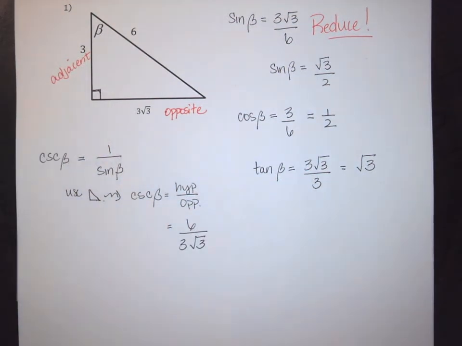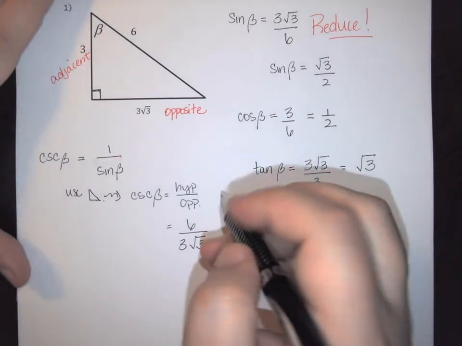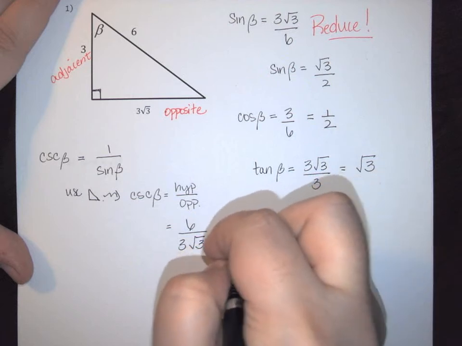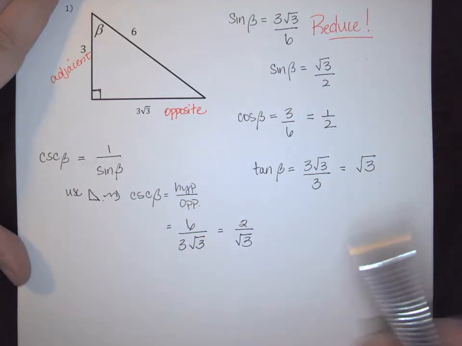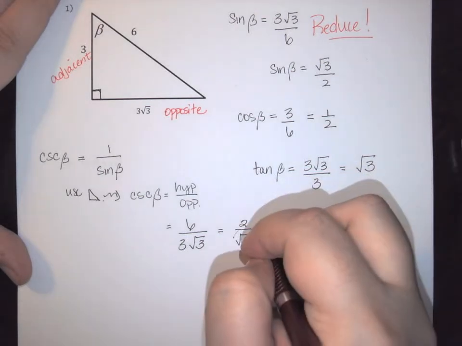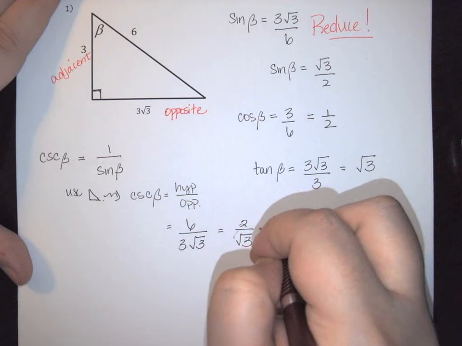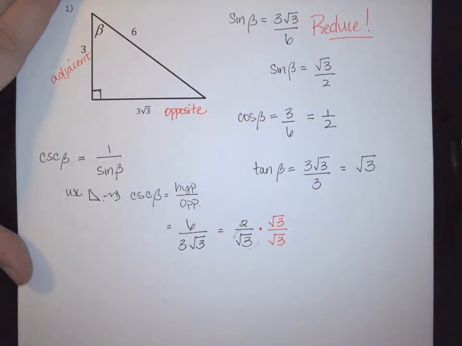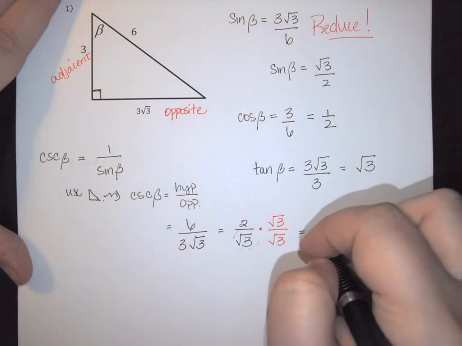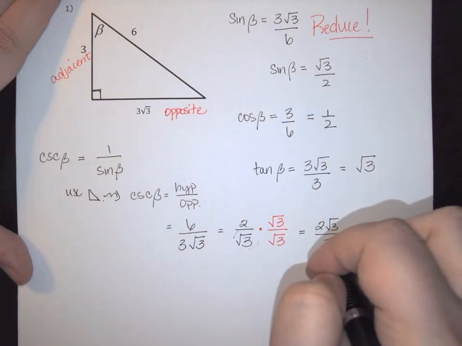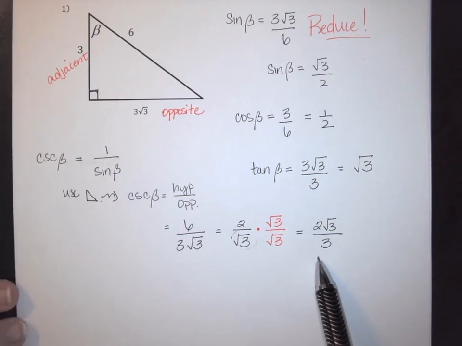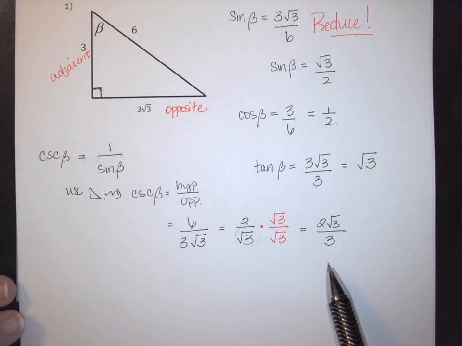Now just like before, we have to reduce. So 6 over 3 square roots of 3 would become 2 over the square root of 3. And now you must rationalize. To rationalize, we multiply both the top and the bottom by the radical, thus removing the radical from the denominator. And in this case, we end up getting 2 square roots of 3 all over 3. Notice the radical is no longer in the denominator here.